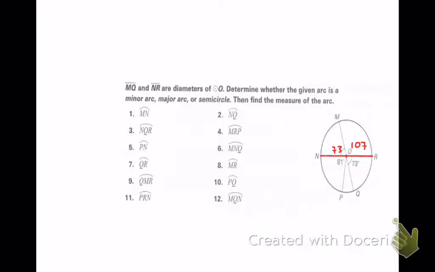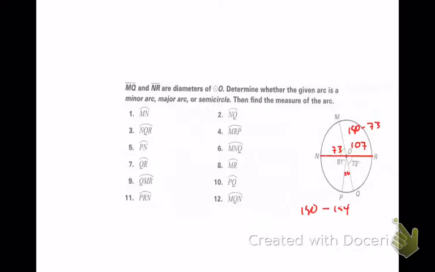So I can do 81 plus 73 and subtract from 180. So 180 minus, add these two together and you get 154. So subtract that and you get 26. So this angle inside of here is going to be 26.